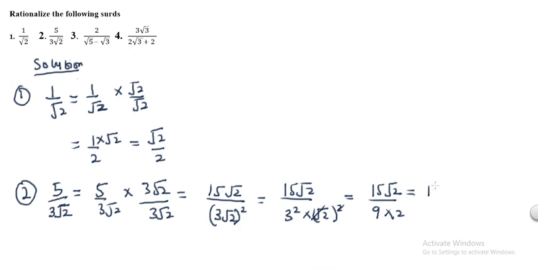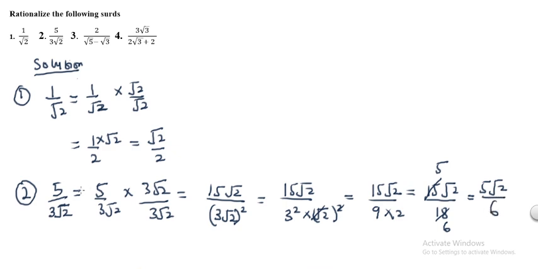This is equal to 15 root 2 divided by 18. From here, I know that 3 can go into 15 five times and into 18 six times. So this is equal to 5 root 2 over 6.